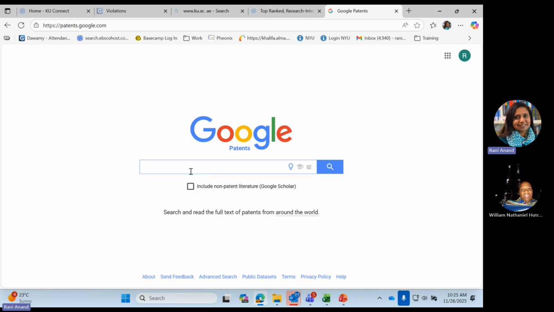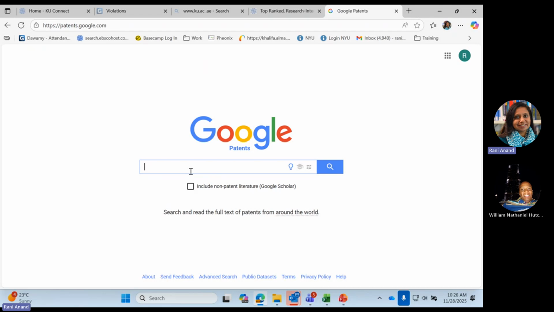So how to do the patent search? As I told you, it's not just a keyword search. You need to know how it works, what the technology is, what material is used, what the end result is. Everything you can search.